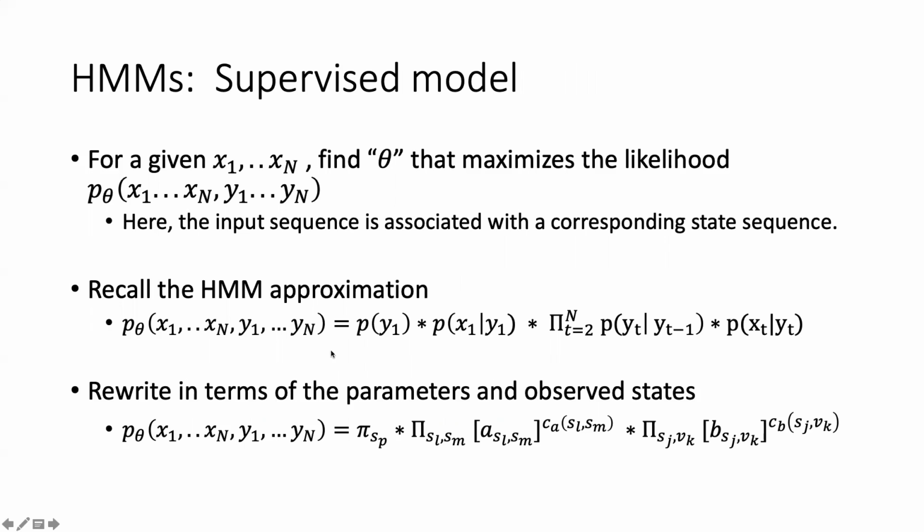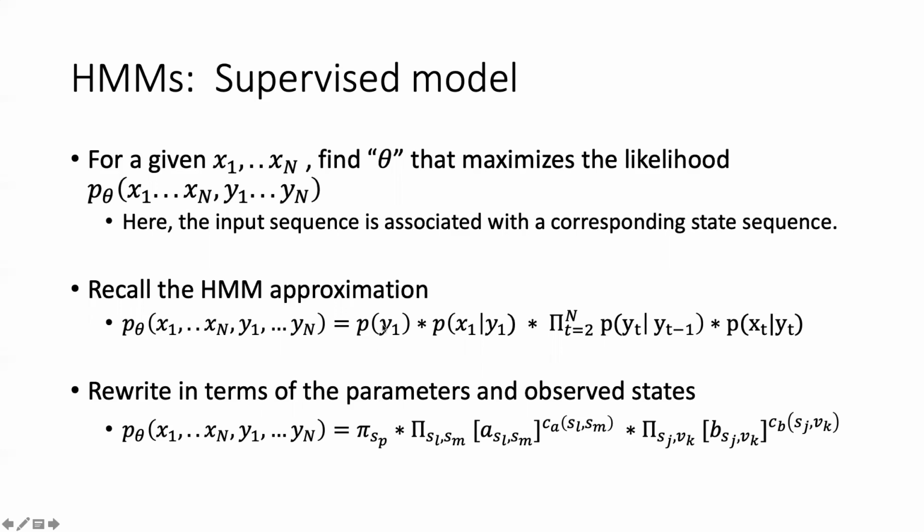Recall that the joint distribution is expressed in the Markov form by factorizing it in terms of initial probability, transition probabilities and then emission probabilities. Since the labeled data is available, we can rewrite this expression in terms of model parameters.